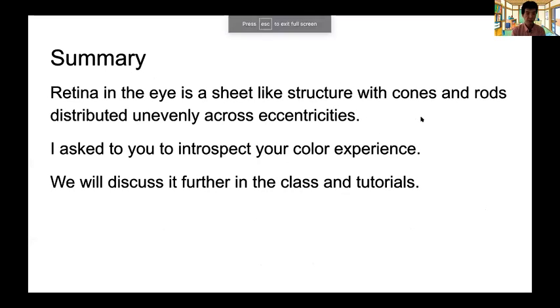So in summary of the last part of the lecture, the retina in the eye is a sheet-like structure with cones and rods distributed unevenly across eccentricities. I also asked you to introspect your color experience with this fingernail thumbnail procedure, and we will discuss the implications of phenomenology further in class and tutorials.